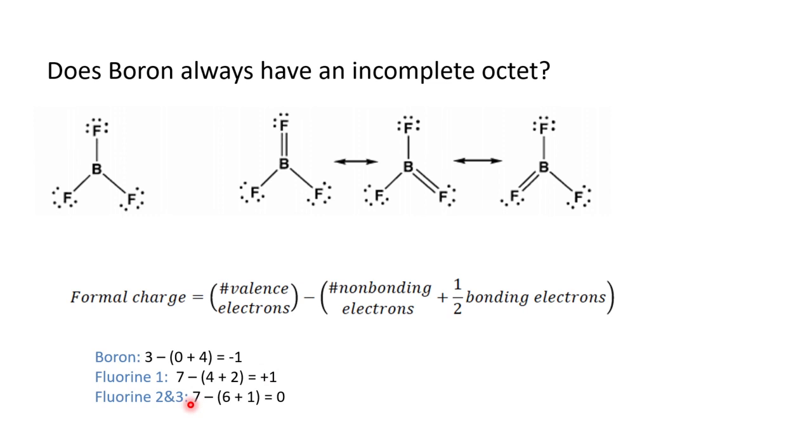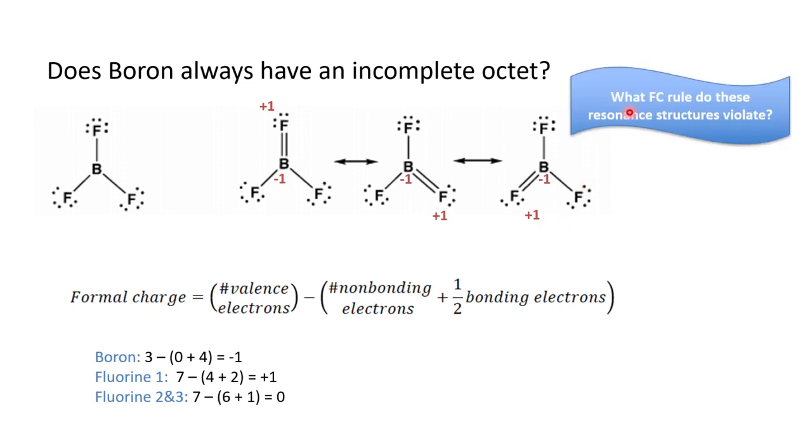And then for these other fluorines, they've all got 7, and you subtract 6 for the non-bonding electrons, and then subtract another 1 for half of the bonding electrons. So we get a formal charge of 0. So let's put these formal charges in. So all 3 of these resonance structures show us that boron has a -1 formal charge and fluorine has a +1 formal charge.